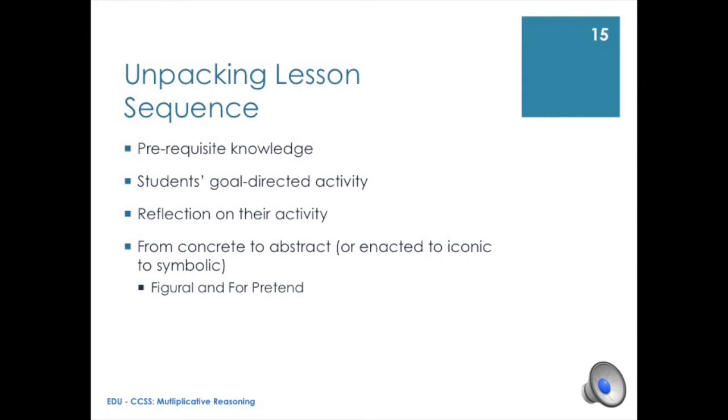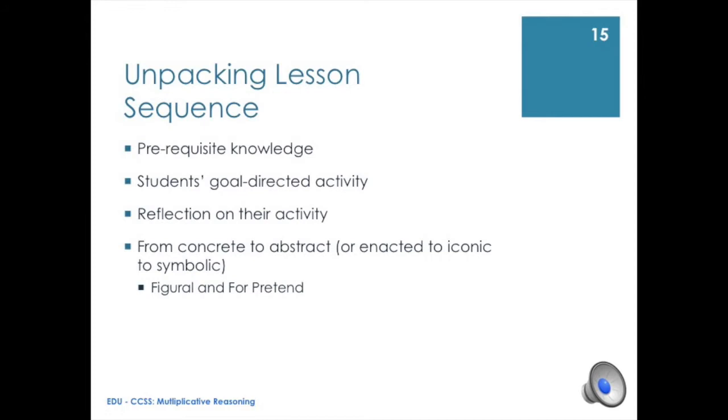So it's all about having an understanding of number that's robust enough that they can actually operate on quantities that are bigger than 1. So if I have an understanding of 5 that allows me to think about a bunch of 5s, then I can start to think about multiplication.